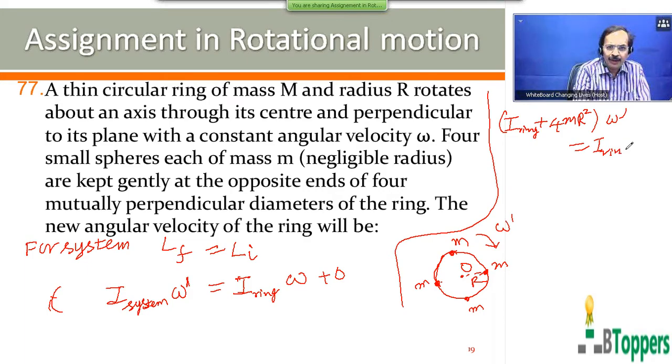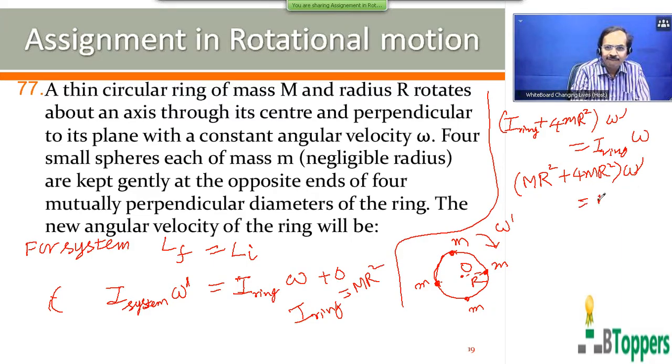Now, the moment of inertia of a thin uniform circular ring of mass capital M and radius capital R about the central axis of symmetry, that is about the axis passing through the center of the ring and perpendicular to the plane of the ring, is given by capital M into R square. So you can take R square common on the left hand side, and you can cancel R square on both sides.